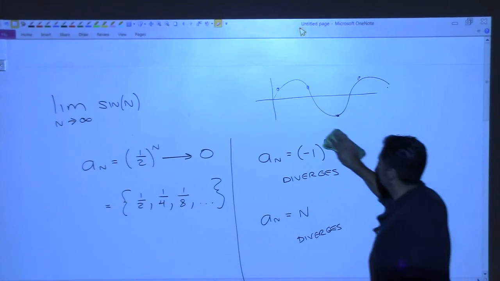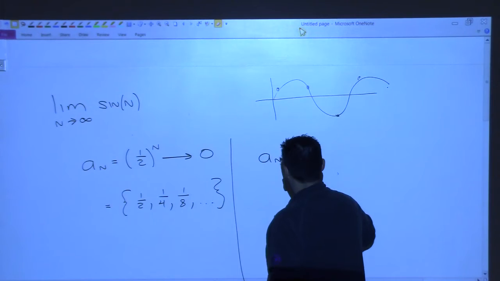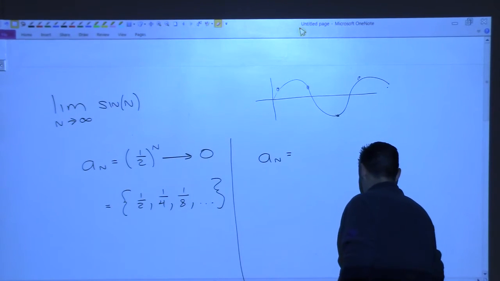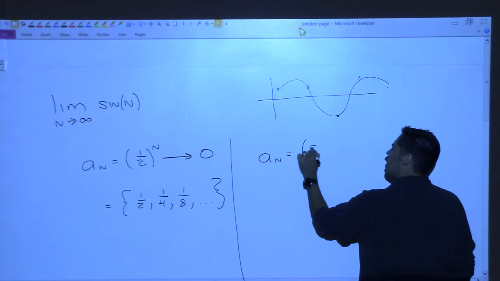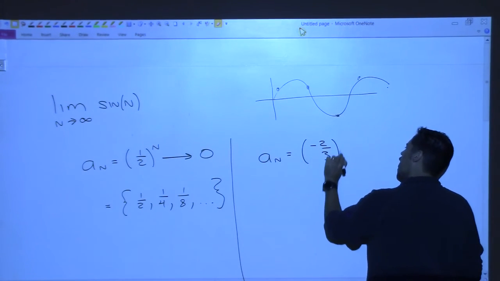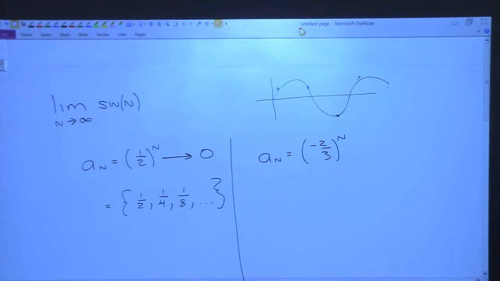How about this one? Do you remember we got this sequence earlier? Didn't we have that earlier? Negative 2/3 to the n? Does that converge or diverge? It is switching signs.